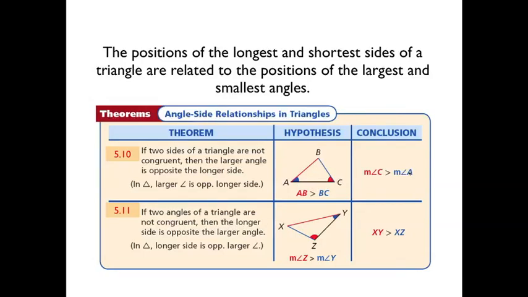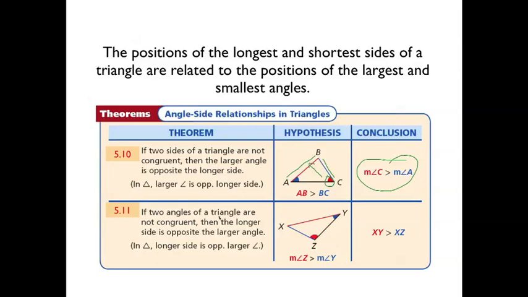So angle C is going to be a bigger angle than angle A. And that's because this side here, AB, is longer than BC. And since angle C is the angle opposite side AB, it's the bigger angle.